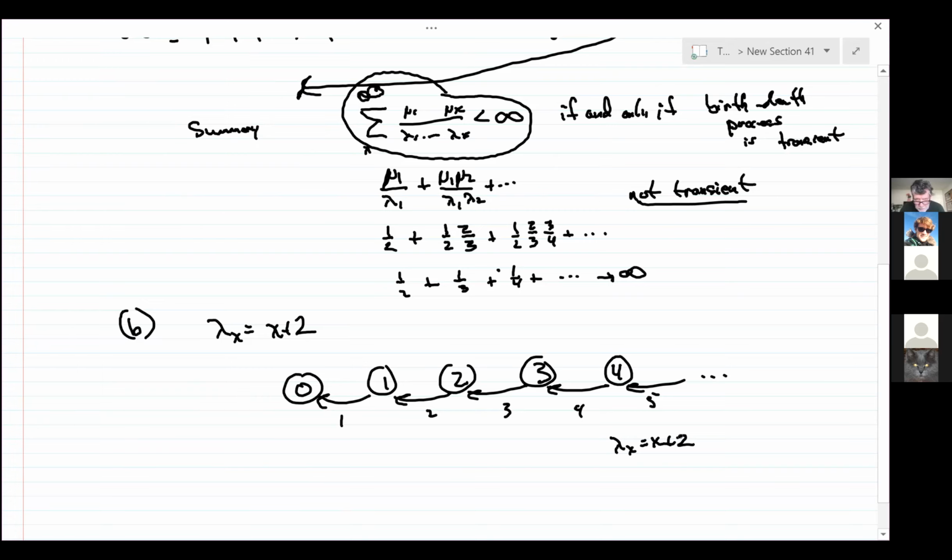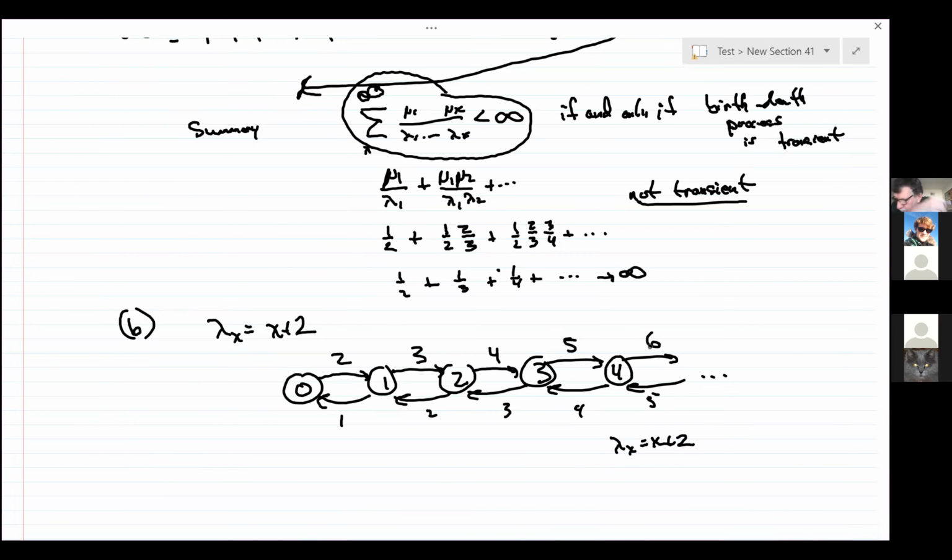Okay, so when you're at 0, your birth rate is 2. When you're at 1, your birth rate is 3. When you're at 2, your birth rate is 4. And so we get the idea. Okay, so that's the thing we're looking at in this case.